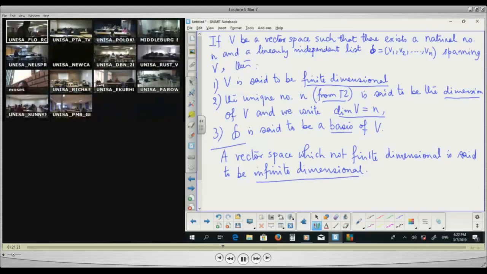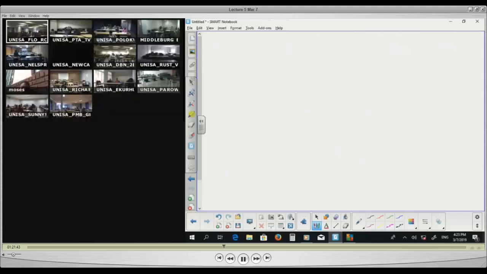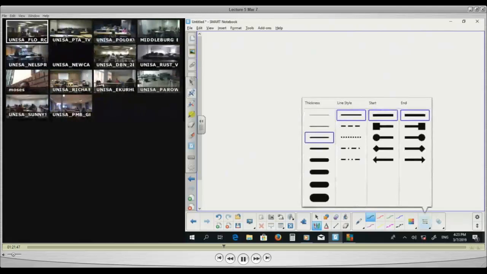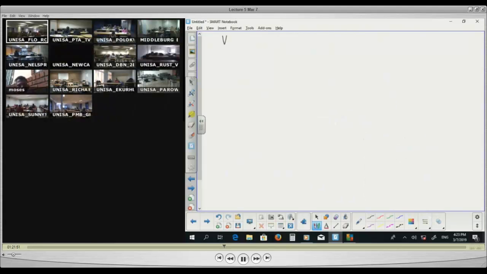Okay. There's one more upshot of this notion of dimension. And what is it? Suppose V is finite dimensional, the dimension of V is n, and let B be a basis.